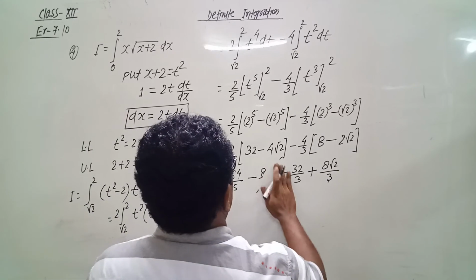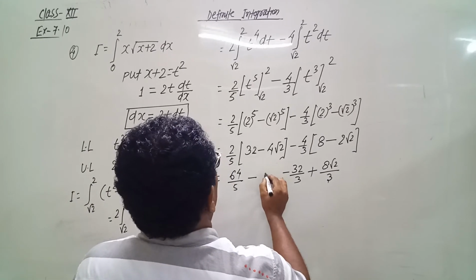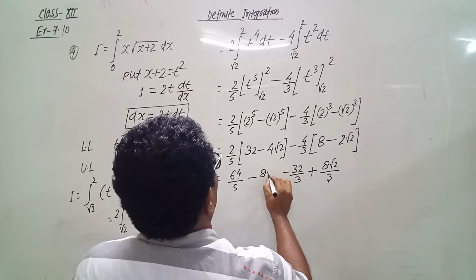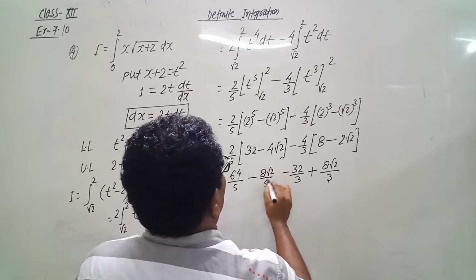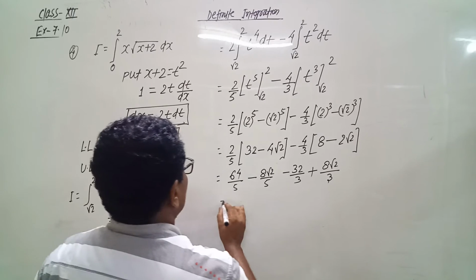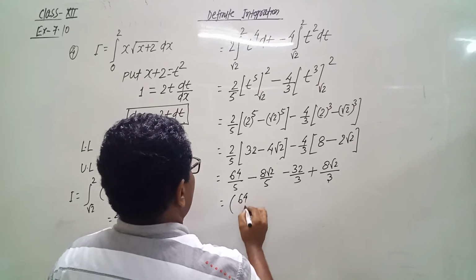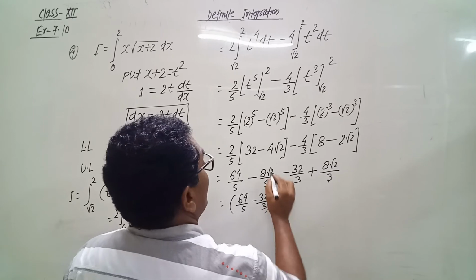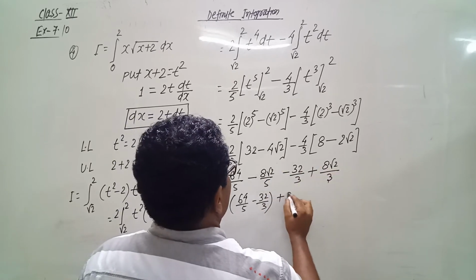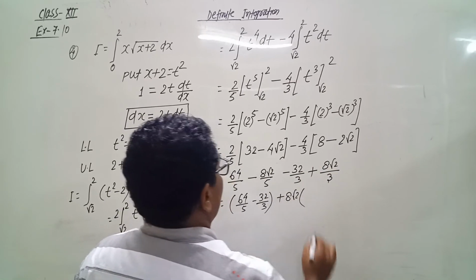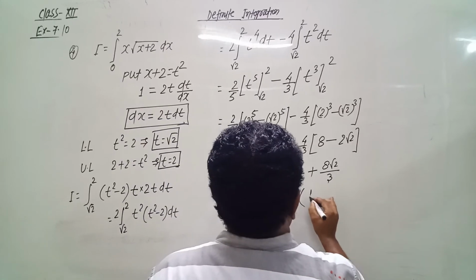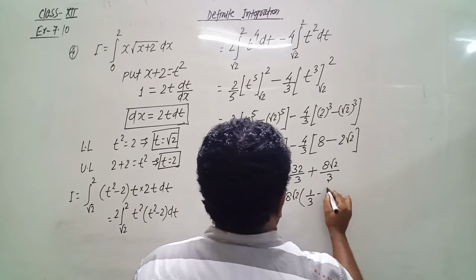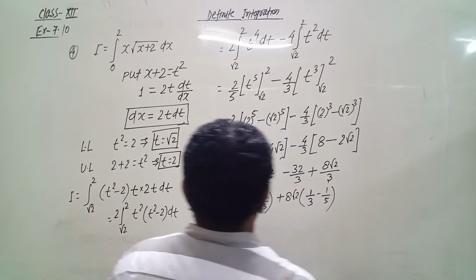So we take together 64 by 5 minus 32 by 3. And from these two terms, 8 root 2 is taken as common. So it remains 1 by 3 and minus 1 by 5.